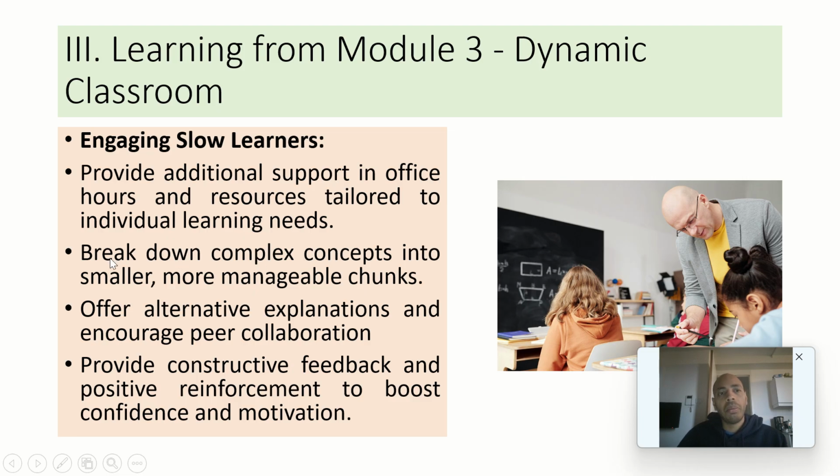Again, the same concept, breaking down the complex topic into smaller chunks. This we have already discussed. Offer alternative explanation and encourage peer collaboration. Right? So sometimes, suppose I am teaching a student from Andhra Pradesh and I am teaching a concept which he is not understanding. Maybe I will try to find some relevant example which is more personal to him.